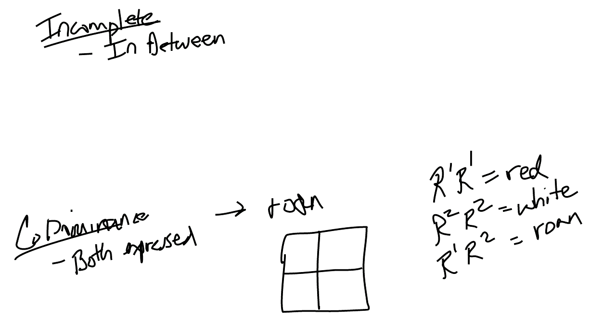So we only need the 4-box Punnett square. So we're going to cross two of these. So R1 R2, that's the gametes for one parent. The gametes for the other parent will be the same.